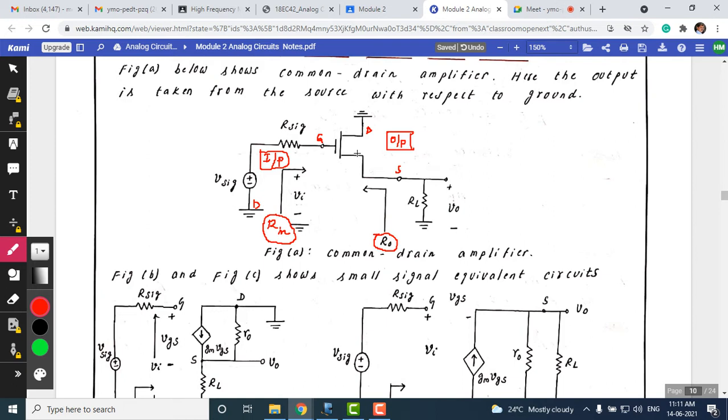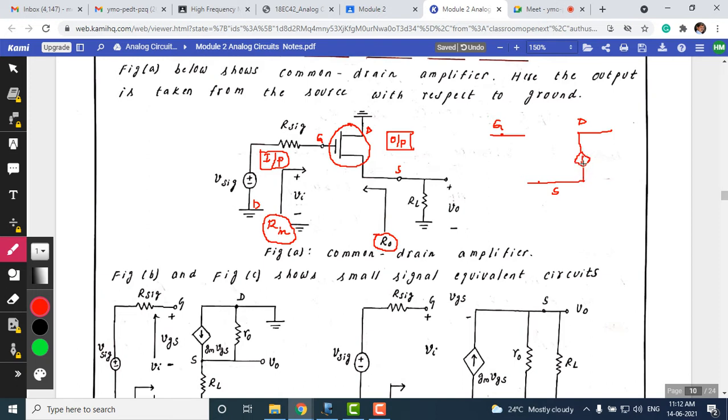We know the equivalent circuit of a MOSFET is, okay, so if you want to replace this MOSFET with its equivalent circuit, between the gate and source there must be an open circuit, and between the drain and source there must be a current source.